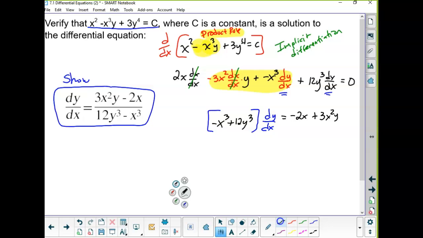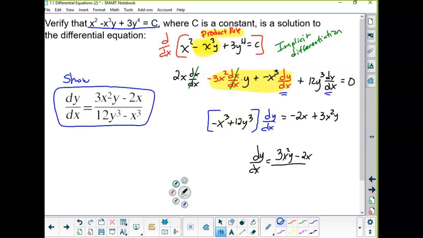So then the next thing is we'll just divide to get dy dx by itself. And my goal is to make it look exactly like what I wanted to show. So notice how I had this negative 2x written first, but the answer had it written second. I'm just going to write that as 3x squared times y, and then we'll do minus 2x.